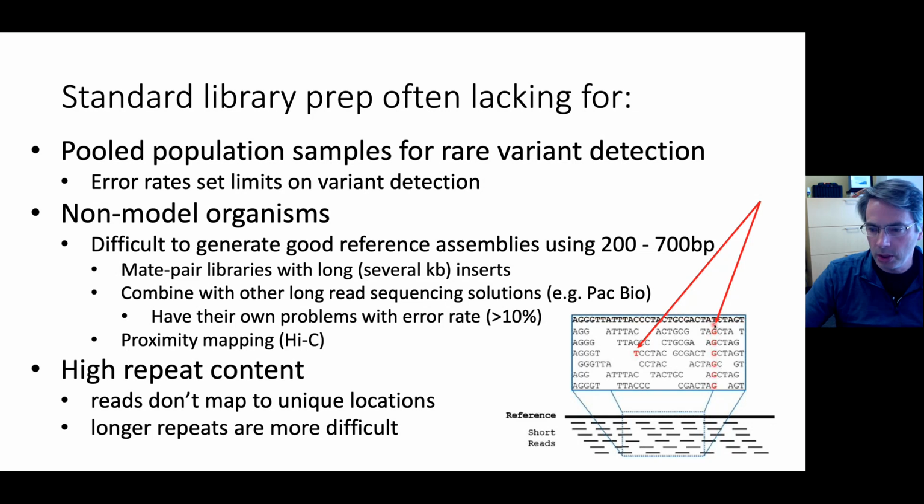And now we have a bunch of reads that map to this location that in the reference is a T, but all of the reads from our sample were G. And then you compare that over here where the reference is a C, most of our reads are also C, but then we have a T right there. Well, there's a good chance that's an error, because it only happens once. If all of these came from the same individual, we should get roughly 50-50 C's and T's.